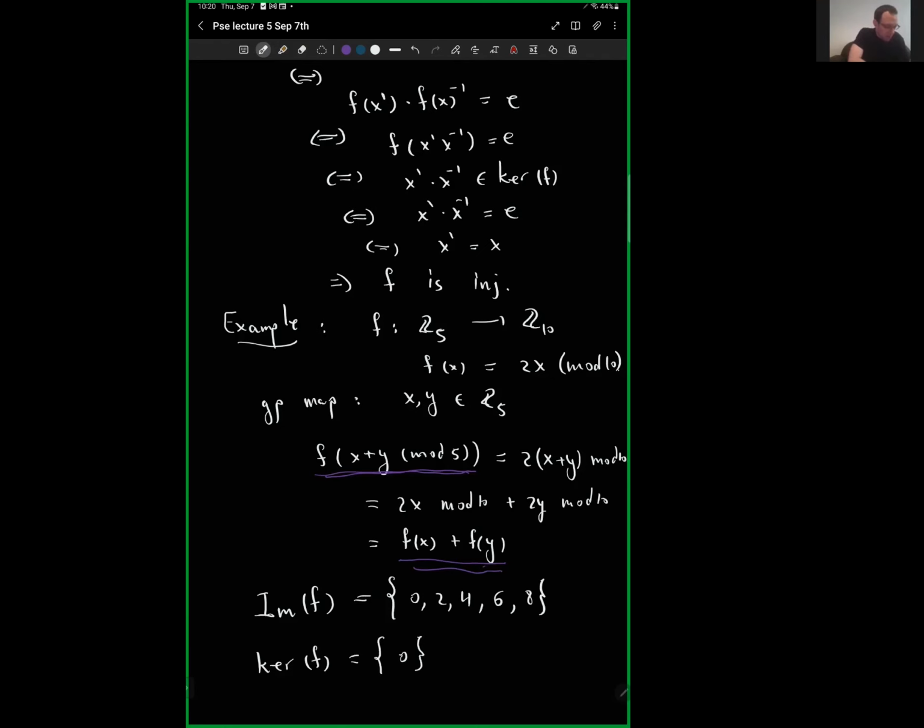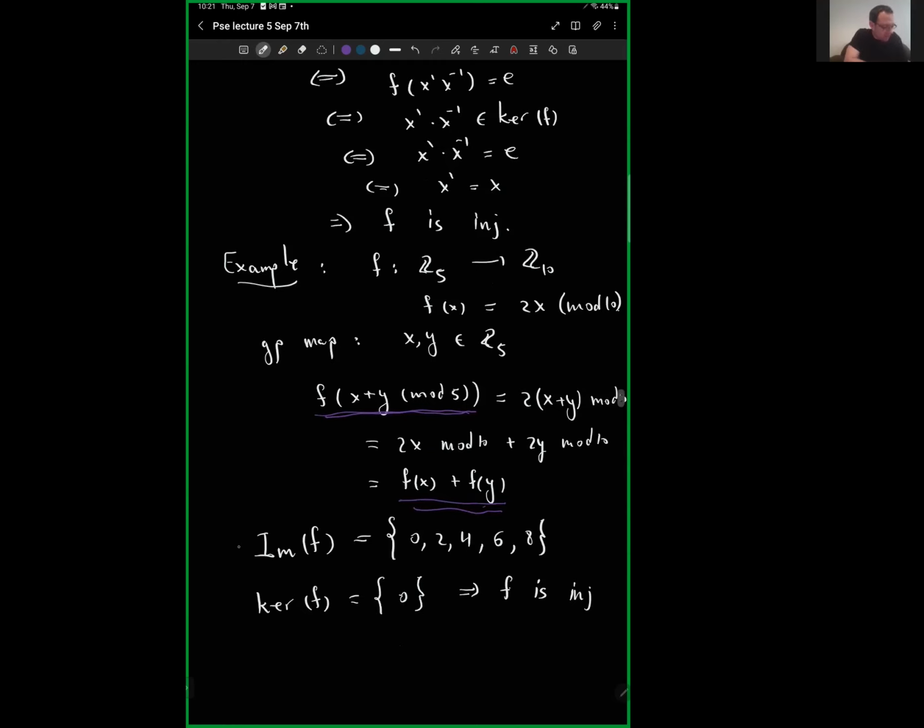So we know that f is injective. And of course, it is going to be surjective on its image. I mean, the image of f is a subgroup of the target group, so it's a subgroup of Z modulo 10.